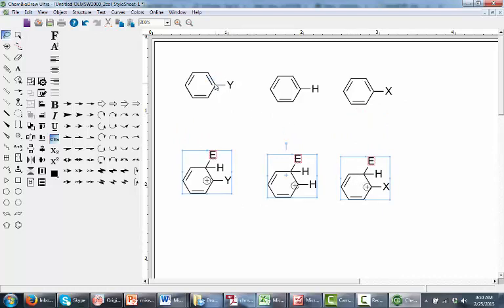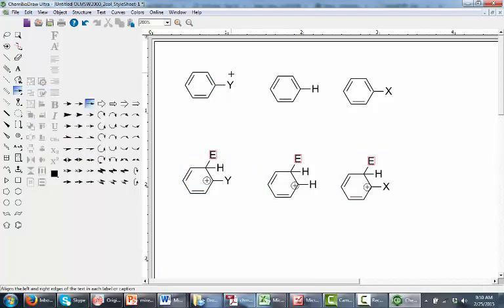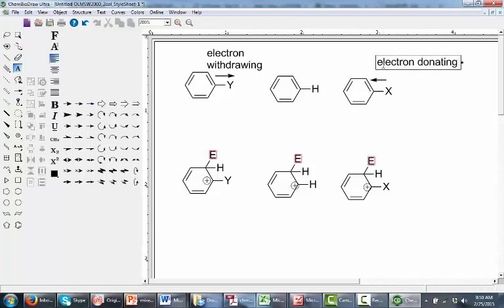Where this Y here is electron withdrawing, let's put an arrow here, which means that before I start introducing reactivity, this functional group is already withdrawing electron density from the aromatic ring. And this is our regular unsubstituted benzene reference, and this X is electron donating.